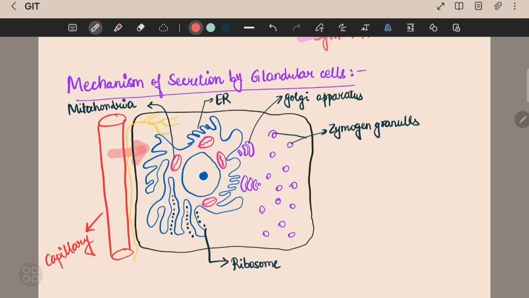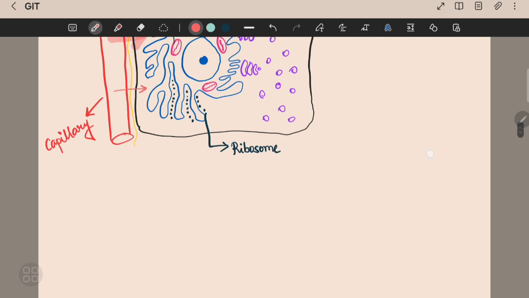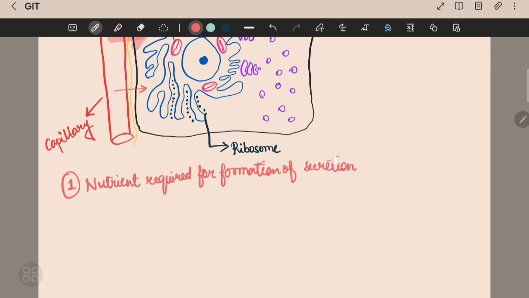So the nutrient material for the formation of secretory material, that is for the secretion, will first diffuse from the capillary into the glandular cell.